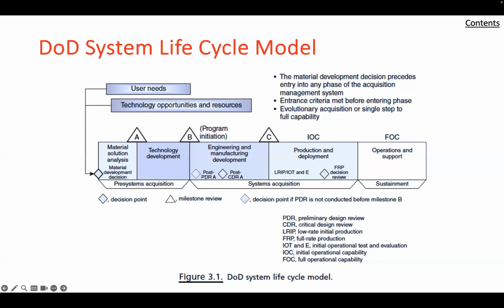In addition to milestones, the process contains 4 additional decision points: material development decision, MDD, preliminary design review, PDR, critical design review, CDR, and full rate production, FRP, decision review. Therefore, DoD management is able to review and decide on the future of the program at up to 7 major points within the life cycle.